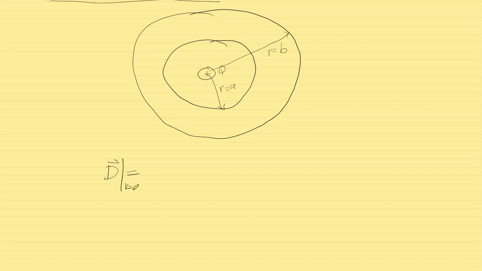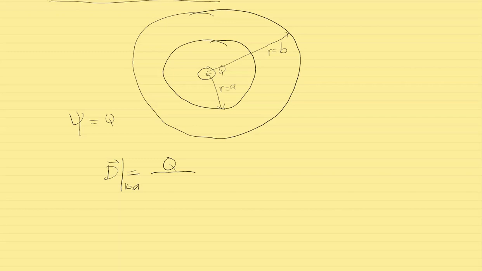Remember, psi is just equal to the net charge inside the sphere. So to solve for D, the density is flux divided by the area. The total flux will be equal to Q because that's our psi, and we divide it by the total surface area of the inner sphere.